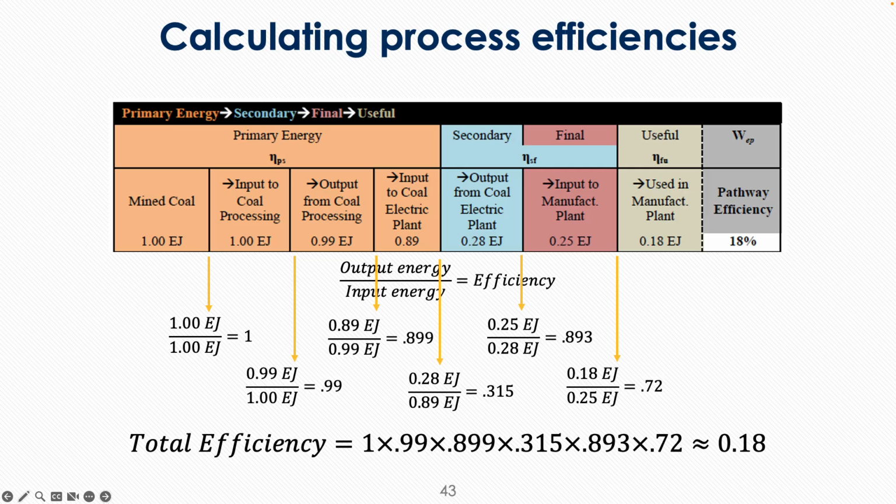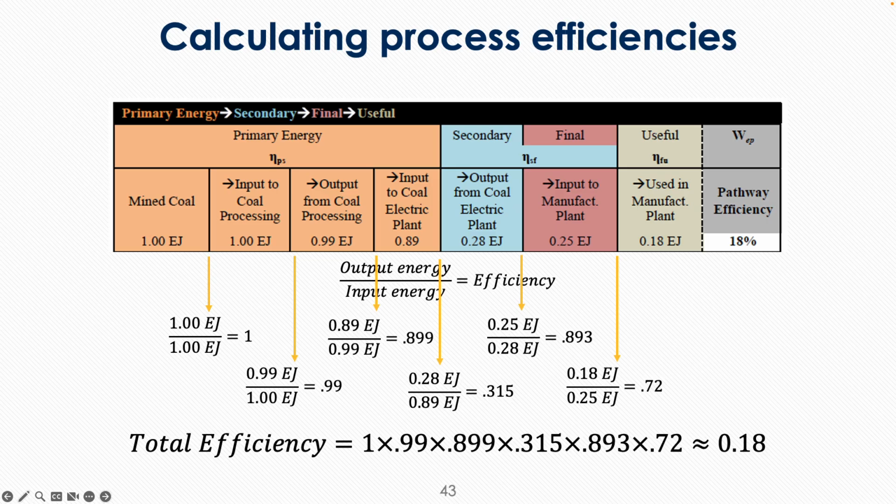So what's the point of doing all of this if I already know here and here? This means that I can break down intermediate efficiencies within this pathway, right? If I want to know the efficiency of electricity generated from coal to the manufacturing plants, or any other arbitrary pieces of that path, you can do so.